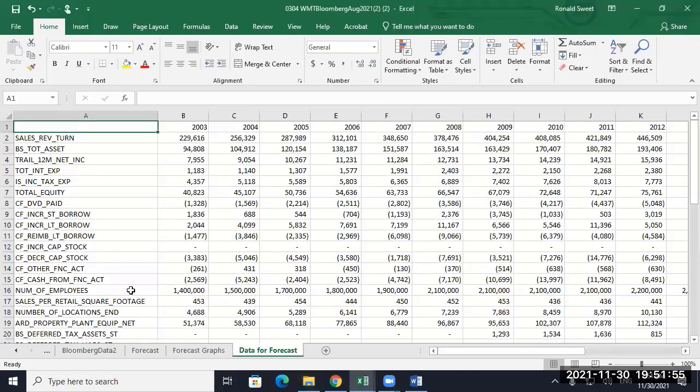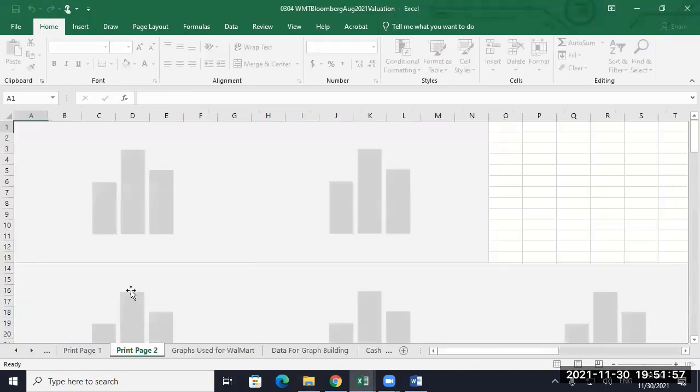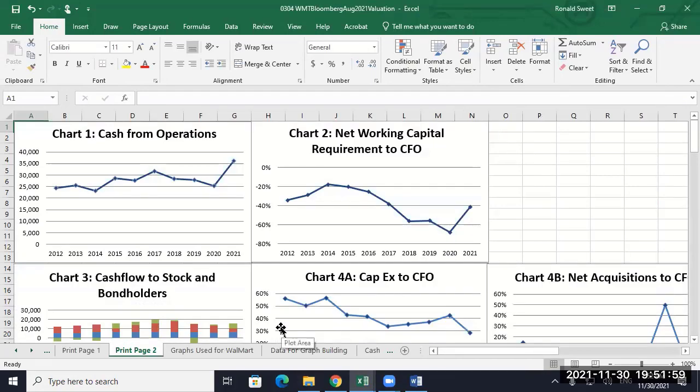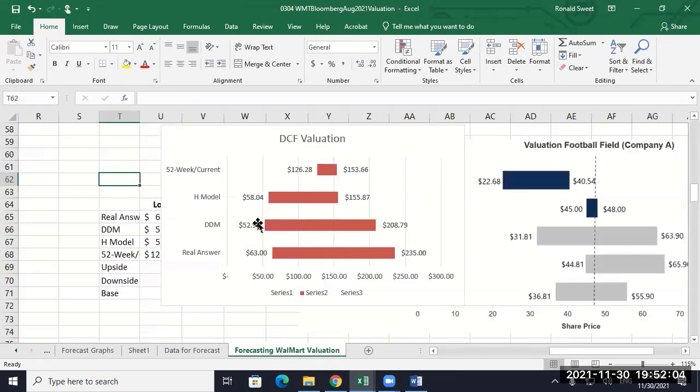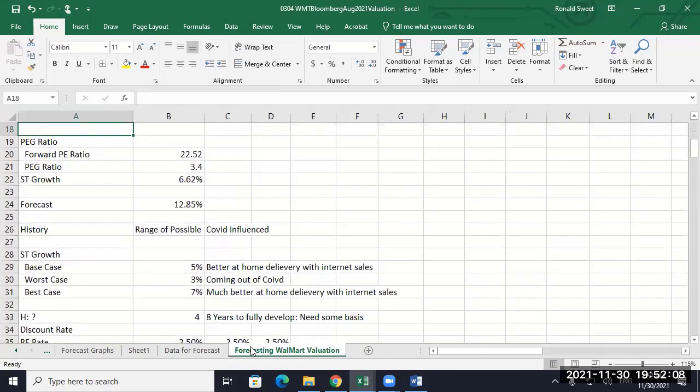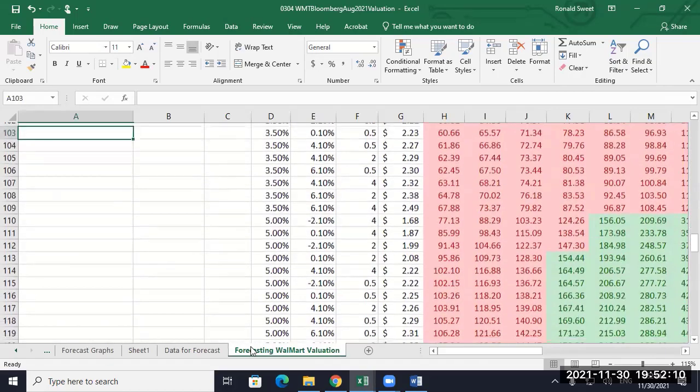There it is. So you built your forecast for paper 4. And then you're going to, at the very, very end, wherever we put it.